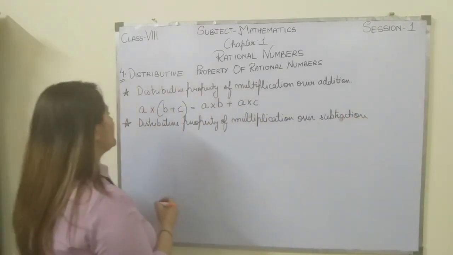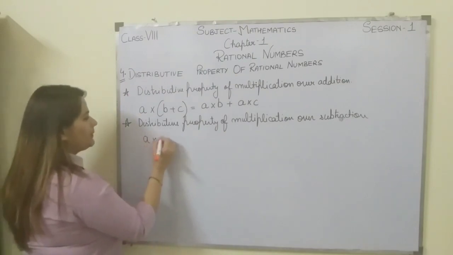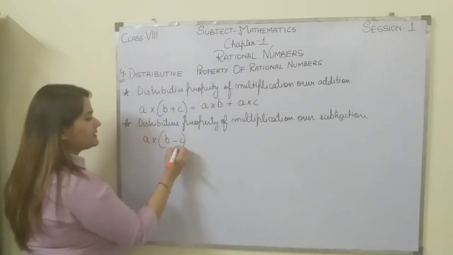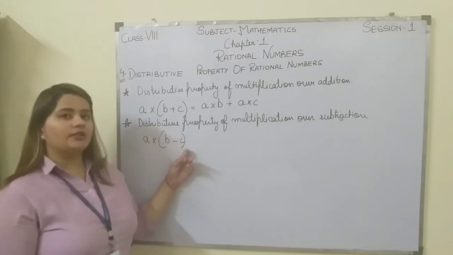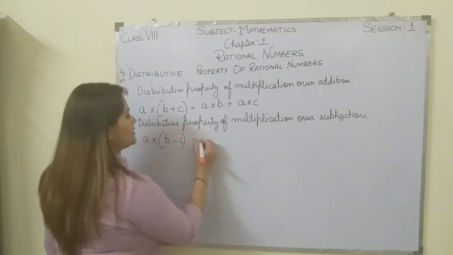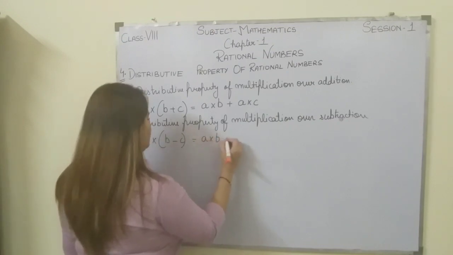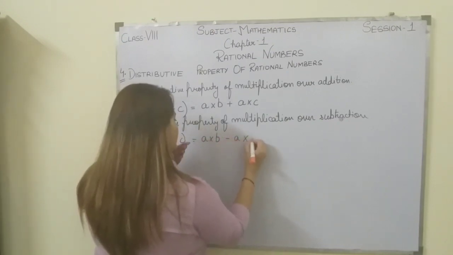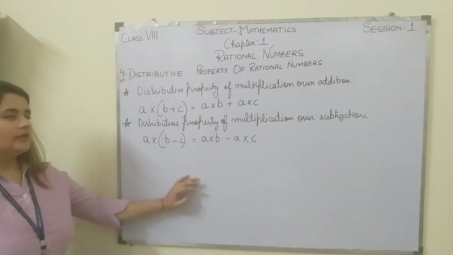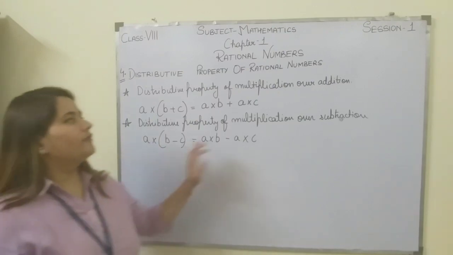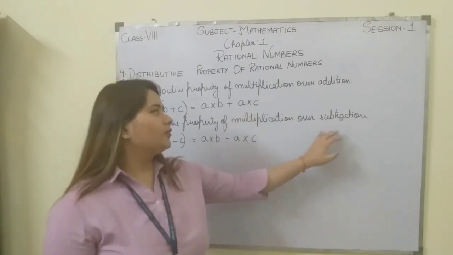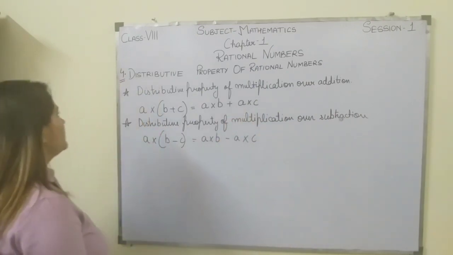So in this we say that A multiplied by (B minus C). Again A, B, C, these are the three rational numbers. This is equal to A multiplied by B minus A multiplied by C. So this is the distributive property of rational numbers over addition and over subtraction.